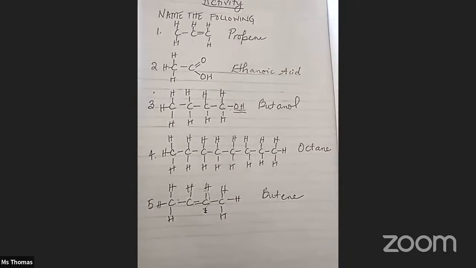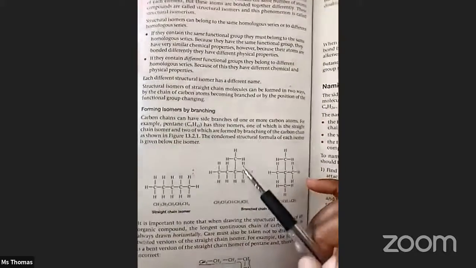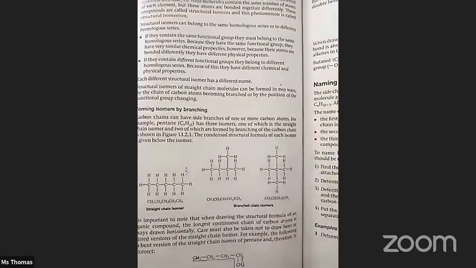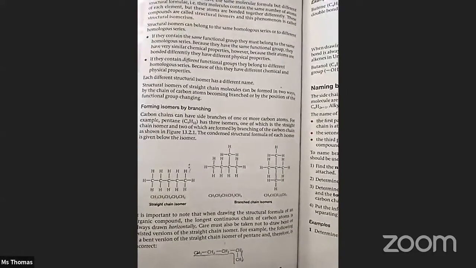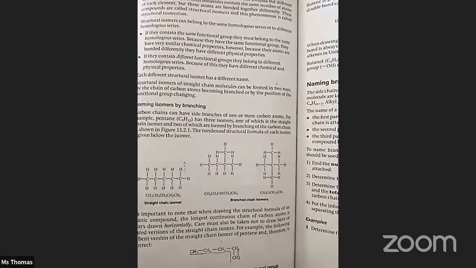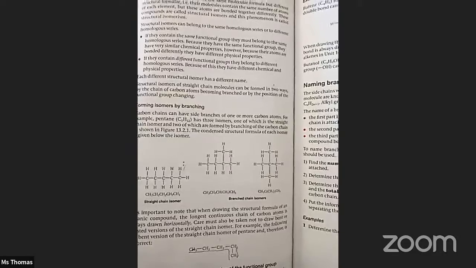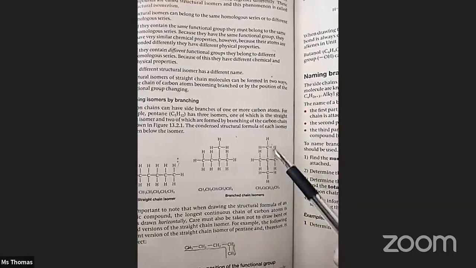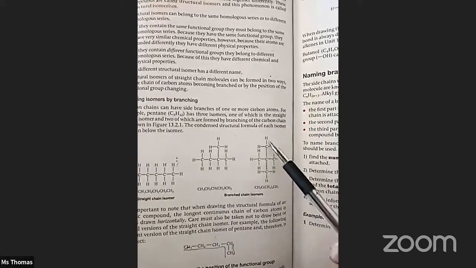Now, I'm going to be having classes this Sunday, from 2 o'clock to 3 o'clock. When you come back this Sunday, we are going to learn how to name things that have branches like this.